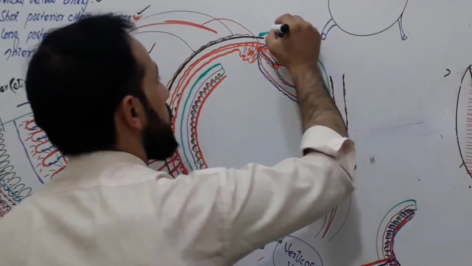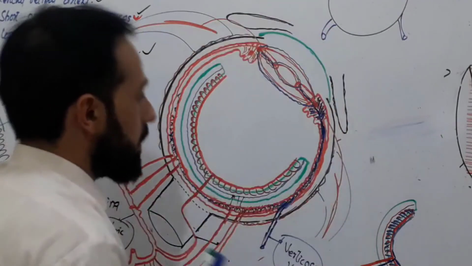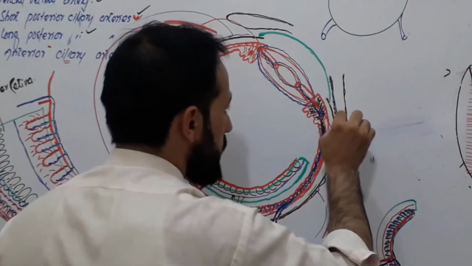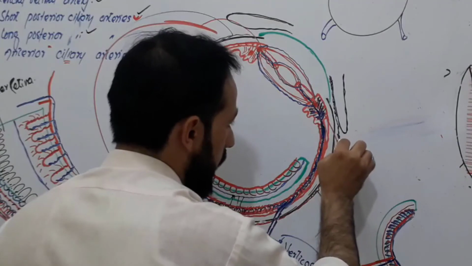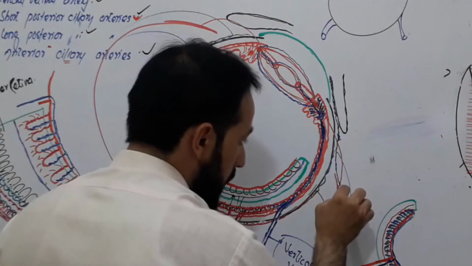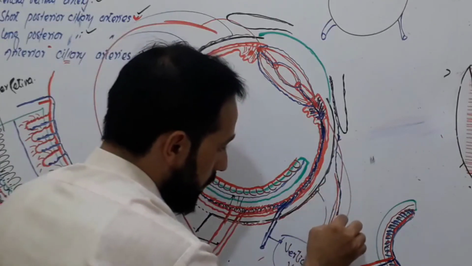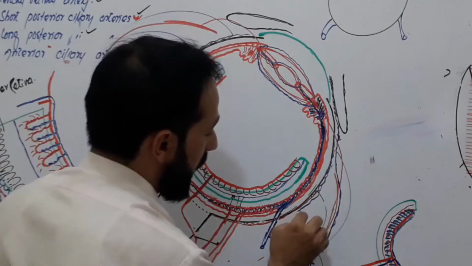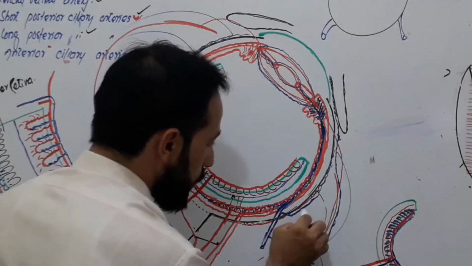Now some conjunctival veins will also come from the conjunctiva, and they will either unite with the muscular veins, or they will join the episcleral veins and drain into the vorticose vein.